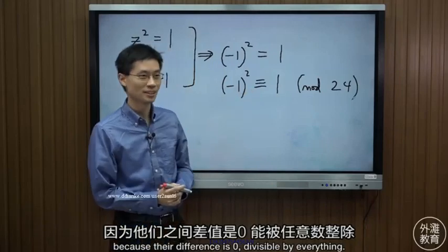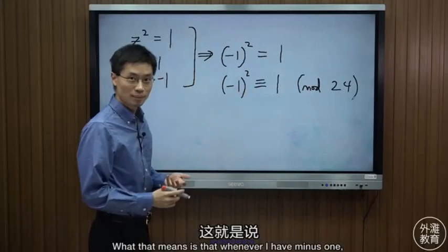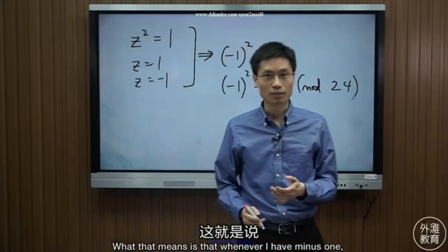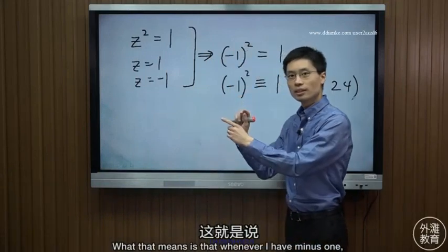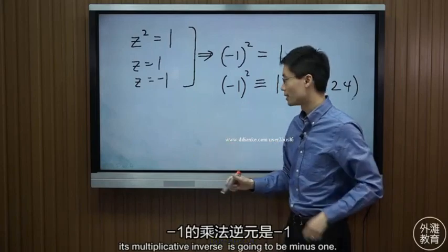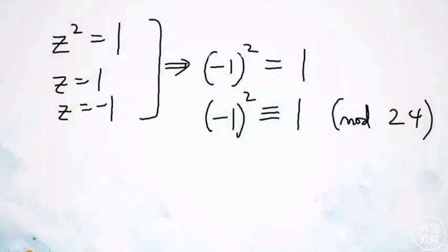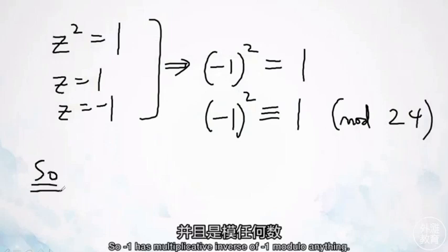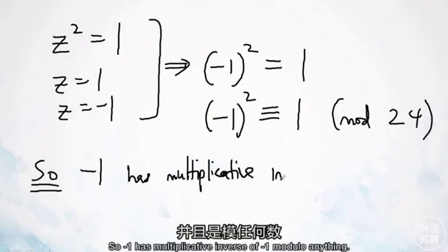That's divisible by everything. What that means is that whenever I have minus 1, its multiplicative inverse is going to be minus 1. So, minus 1 has multiplicative inverse of minus 1 modulo anything.